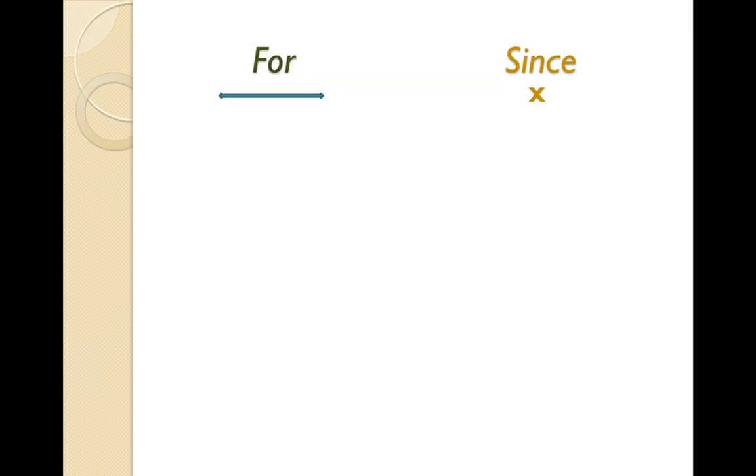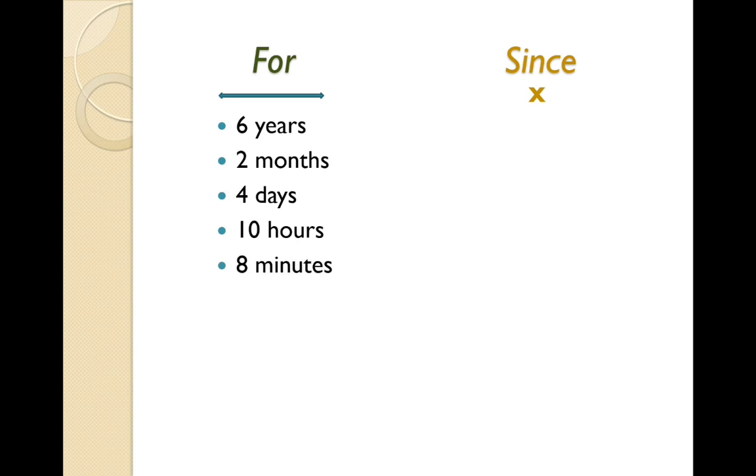Let's see some more examples of for and since. For 6 years, for 2 months, for 4 days, for 10 hours, for 8 minutes, for 30 seconds, for a long time, for a while, for ages.